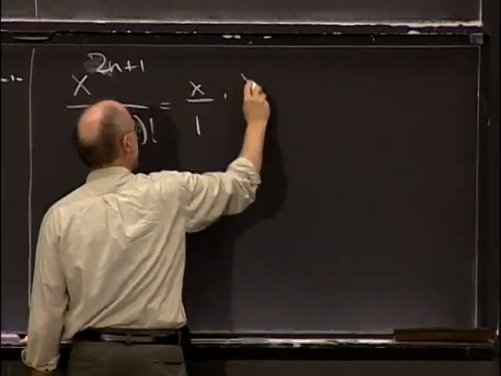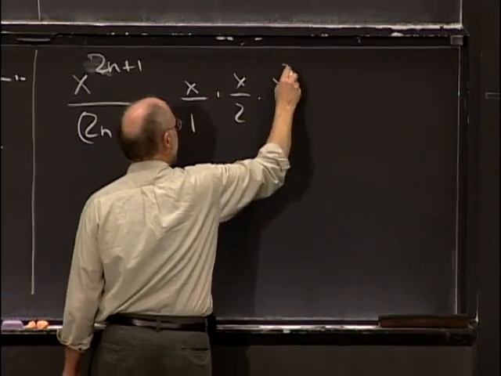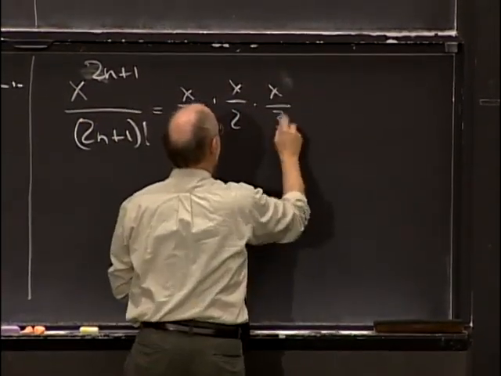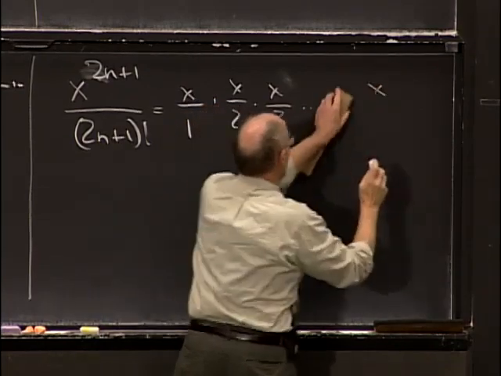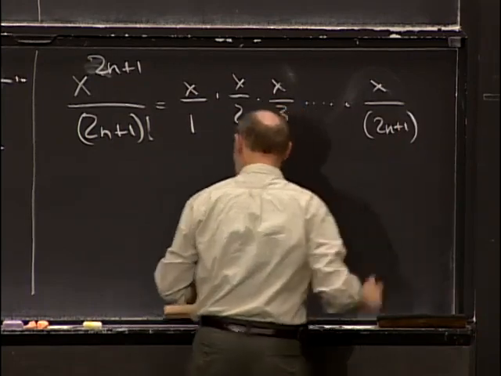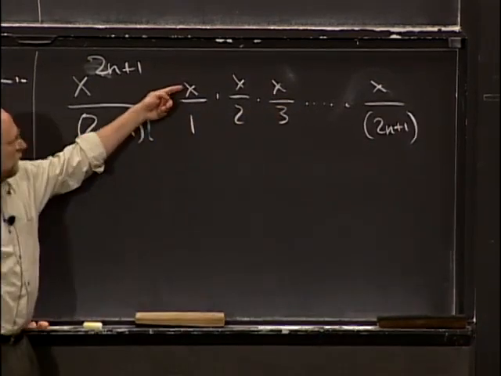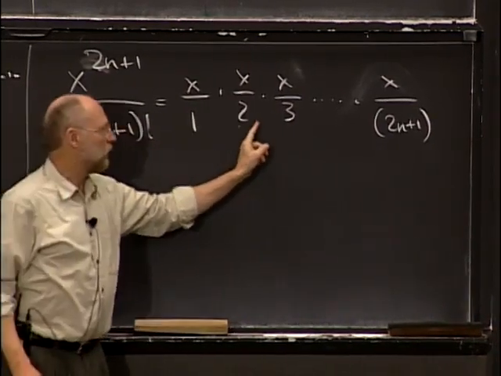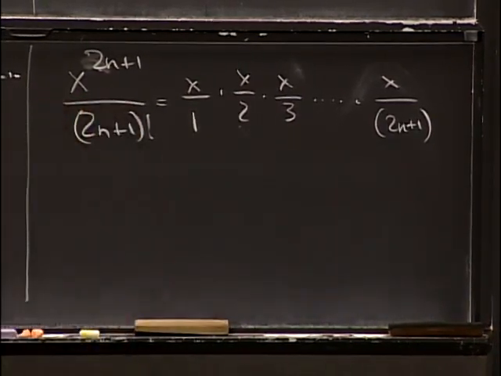It's x over 1 times x over 2 times x over 3 times x over 2n plus 1. I've multiplied x by itself 2n plus 1 times in the numerator, and I've multiplied the numbers 1, 2, 3, 4, and so on by each other in the denominator, and that gives me the factorial. So I've just written this out like this.